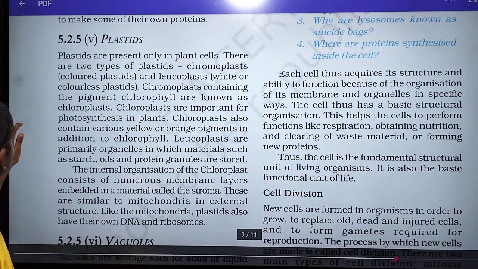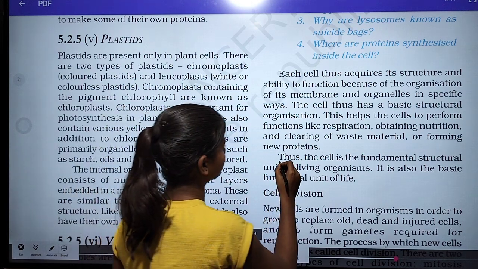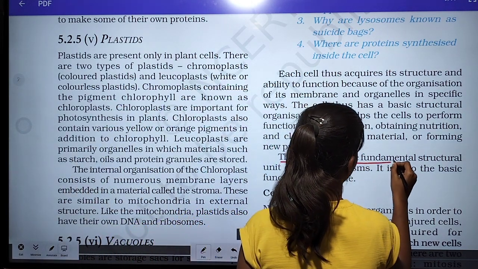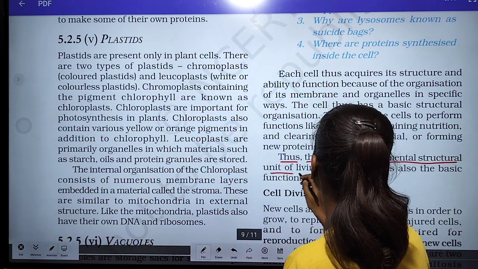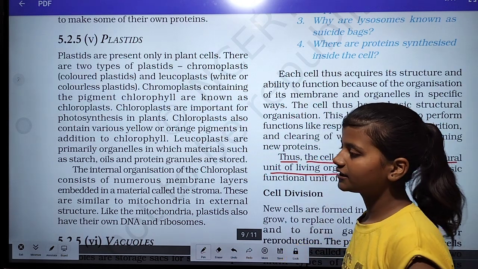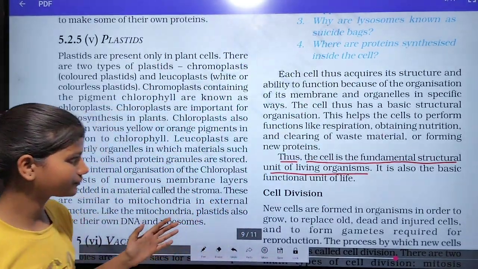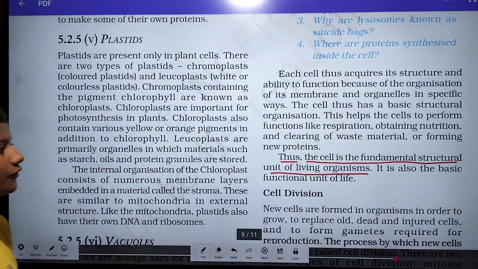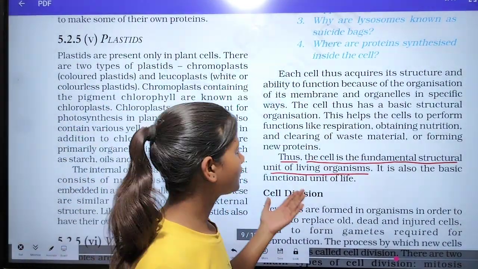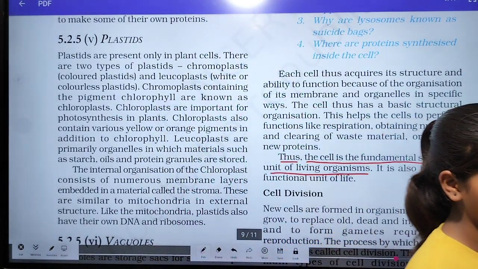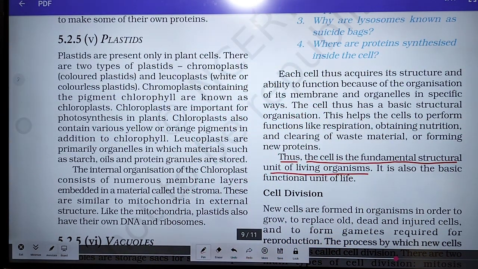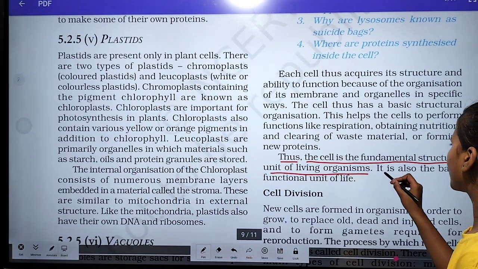Thus the cell is the fundamental structural unit of living organisms. Due to the vacuole we can say the cell is the fundamental structural unit of living organisms.